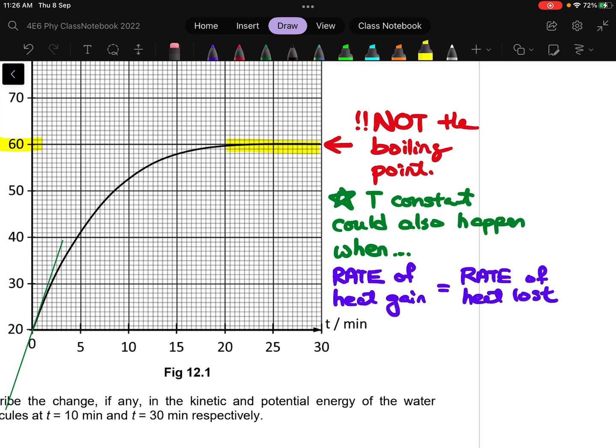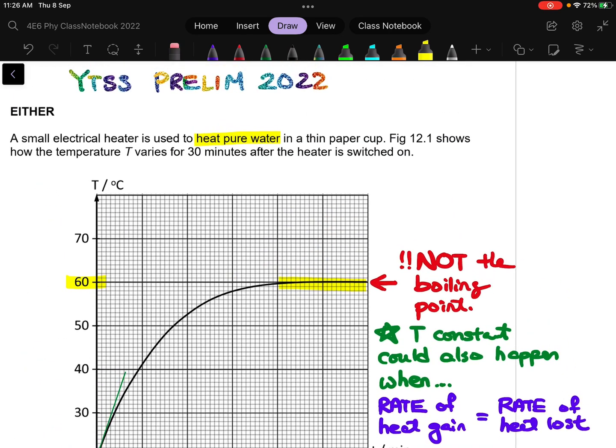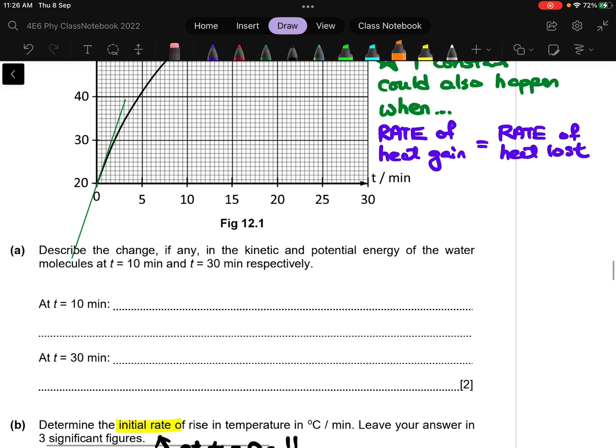So if the water gains 10 joules in 1 second, in the same second, the water loses 10 joules to the surrounding. So ultimately, the water doesn't gain any more heat, and as a result, the temperature becomes constant, right? And you can see that this information is hinted to you through things like this. Why do they put a tin paper cup?